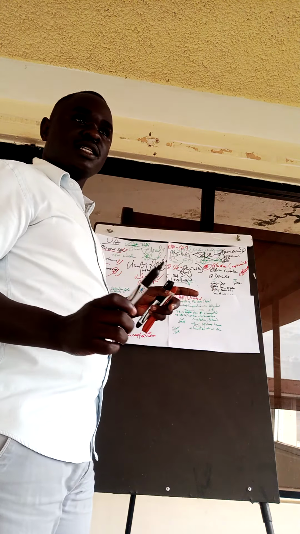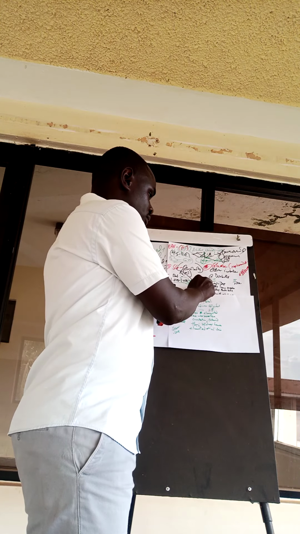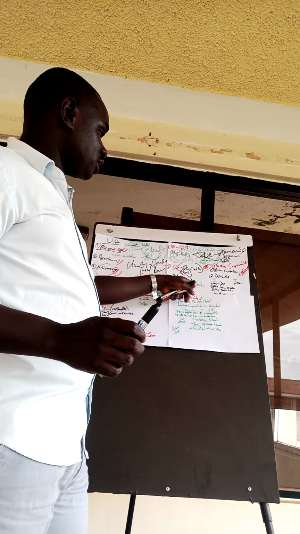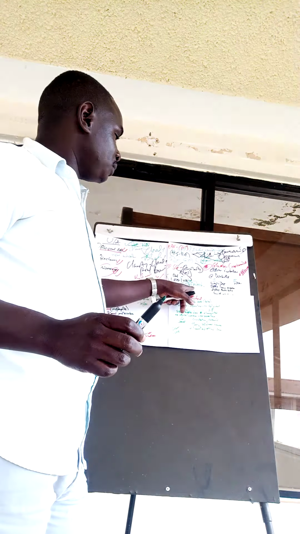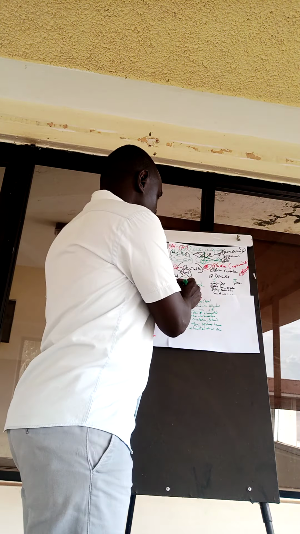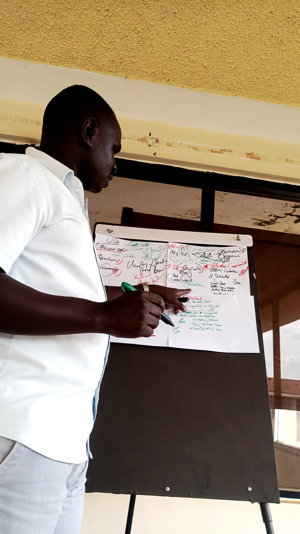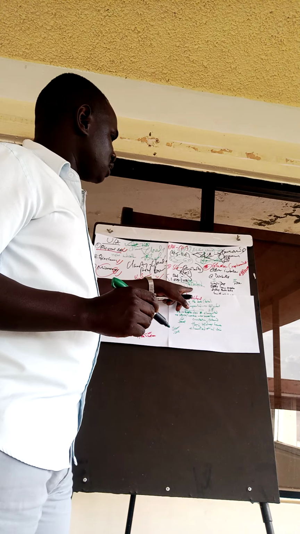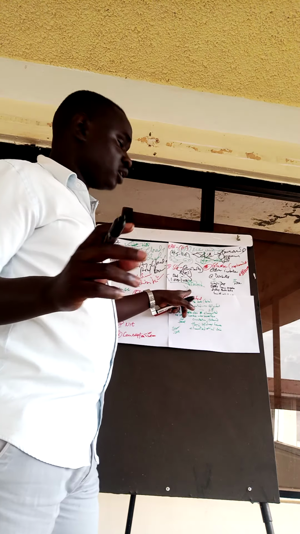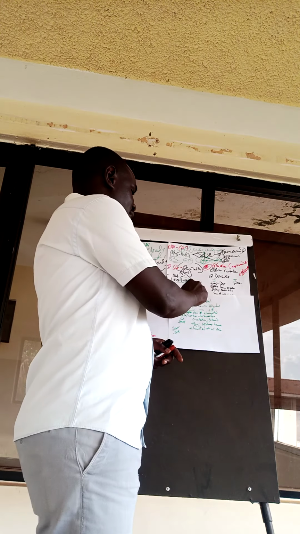But what does it indicate? First, it indicates dehydration. It can also be caused by the presence of glucose in urine, which indicates a diabetic condition. There is also the syndrome of inappropriate ADH.